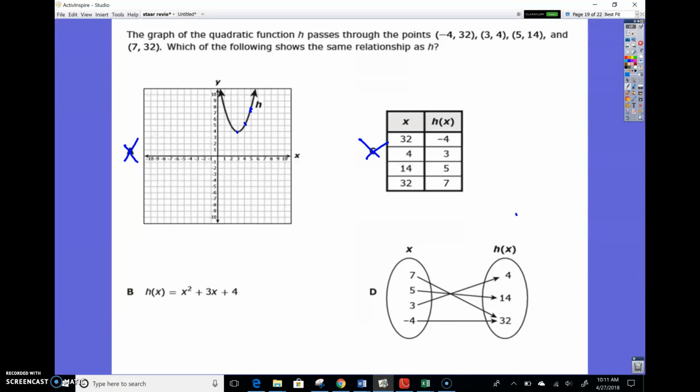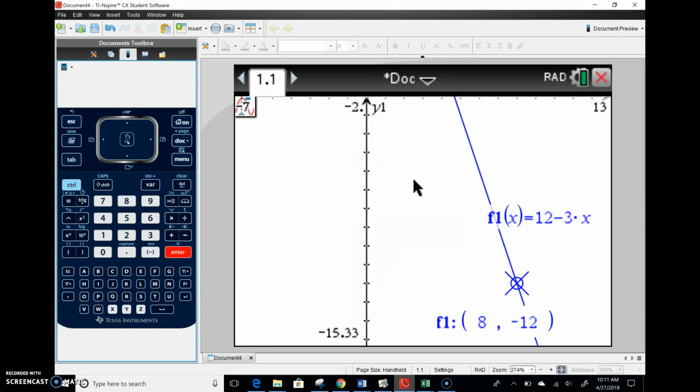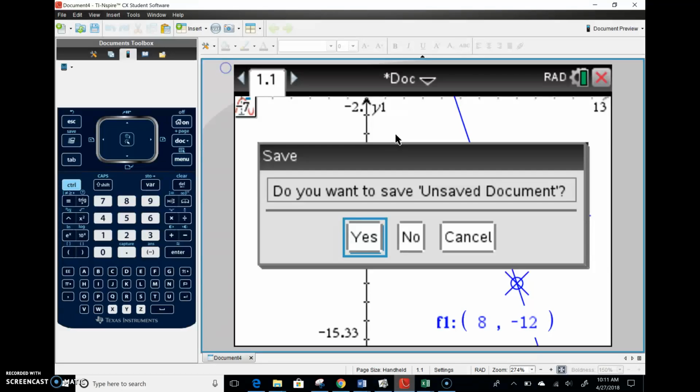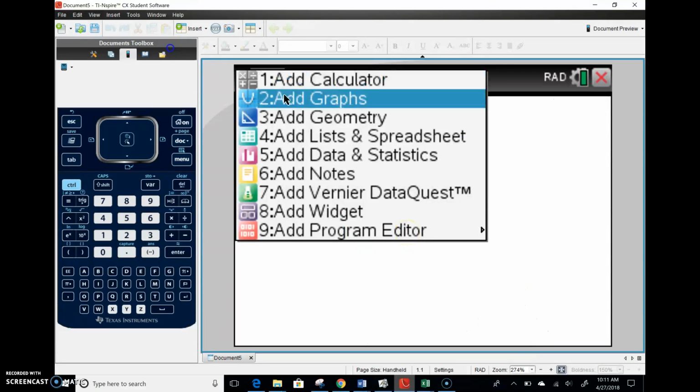Okay. Here, I'm going to put in what was my equation again? X squared. Let's just do a new document just because it makes it easier for me.